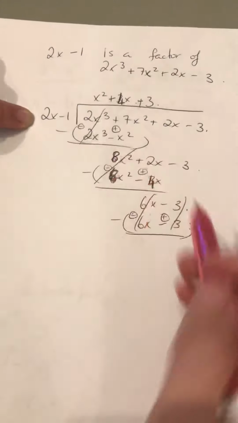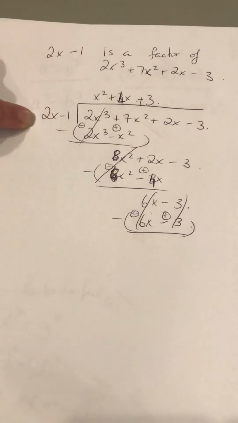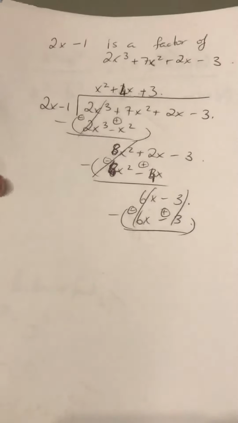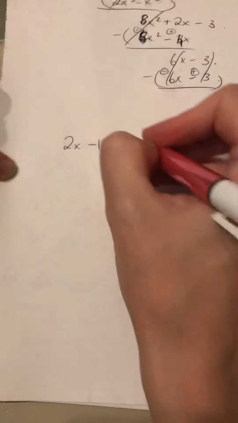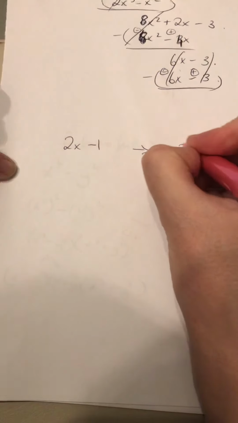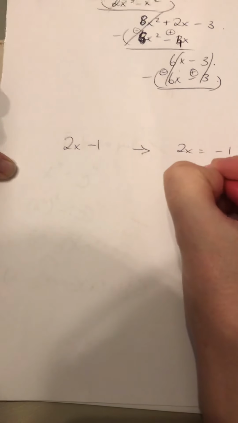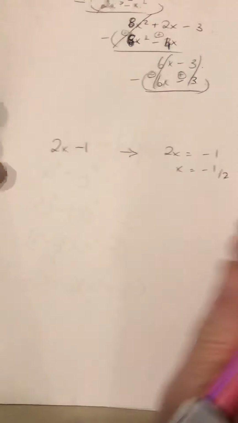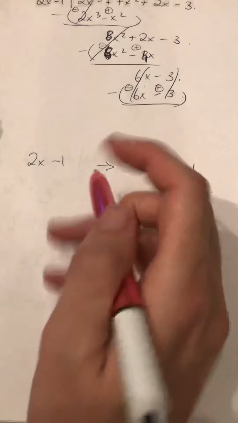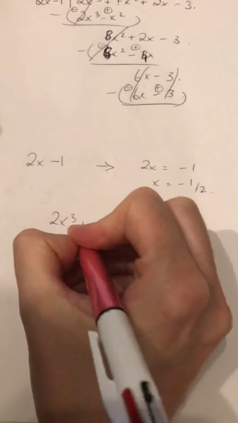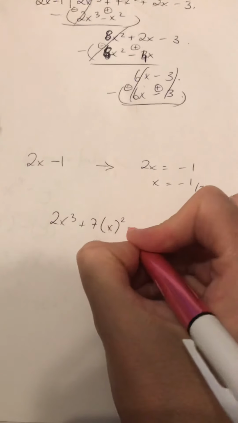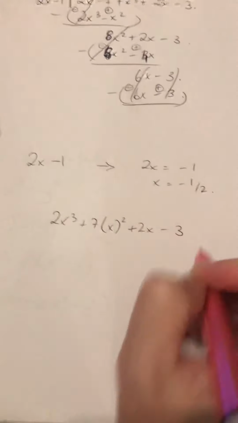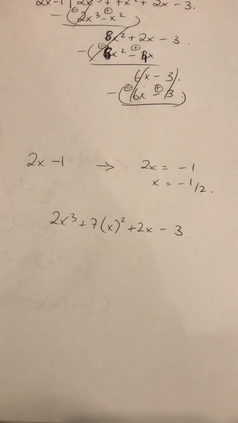So yes, it is a factor because I can do long division, and when I divided it in, it was a factor. The other way to do it is if I have a factor, then I automatically know that I have a root. And I can sub that in, and if I sub in my root, no reason that I put that in brackets, I just accidentally did there.